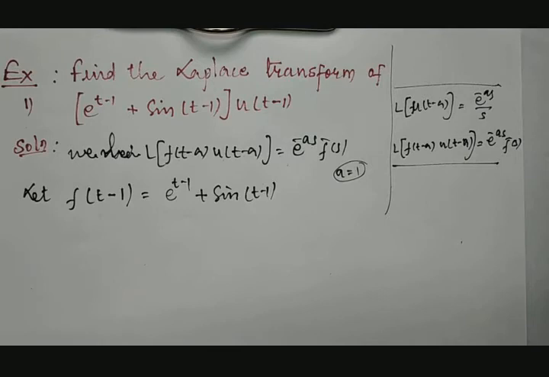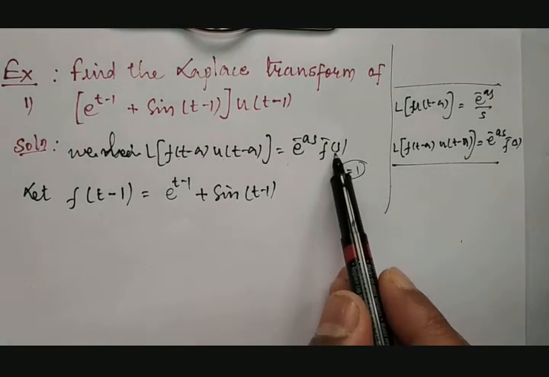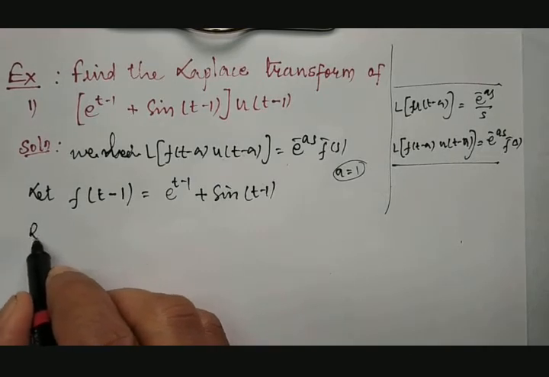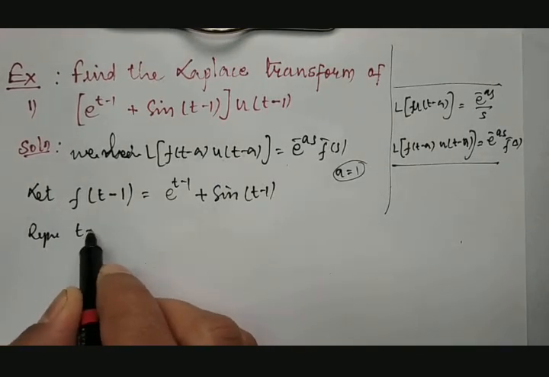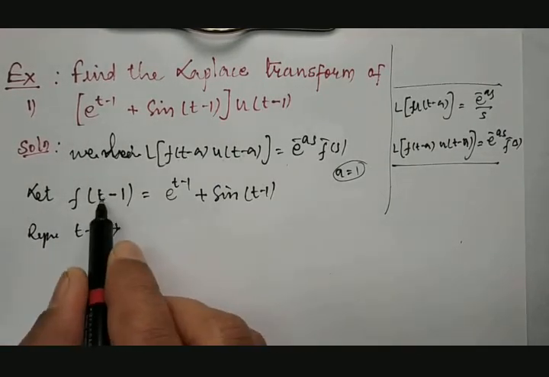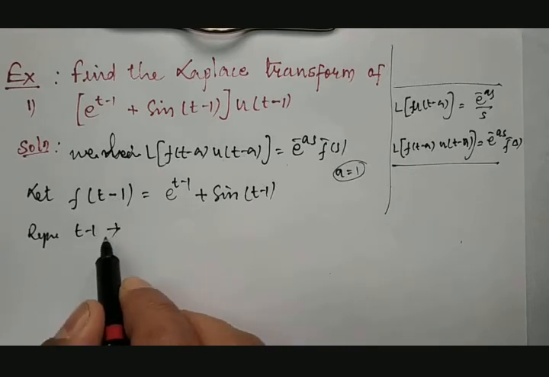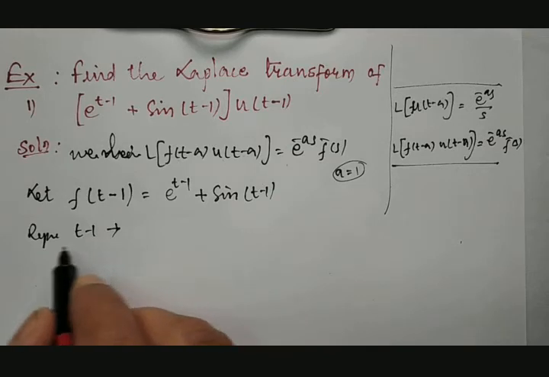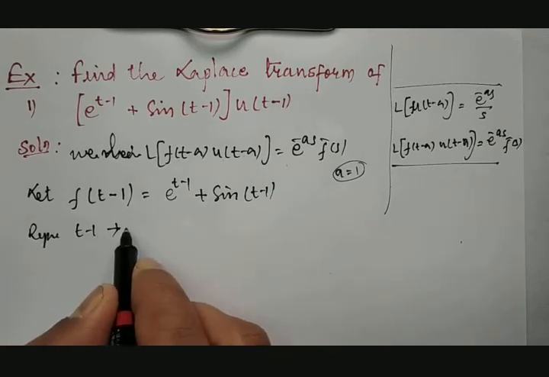But one thing we know, to get f bar of s, I need f of t. So when we need f of t, replace this t minus 1 in such a way that it is converted into t. Understand? Make this t minus 1 a t.